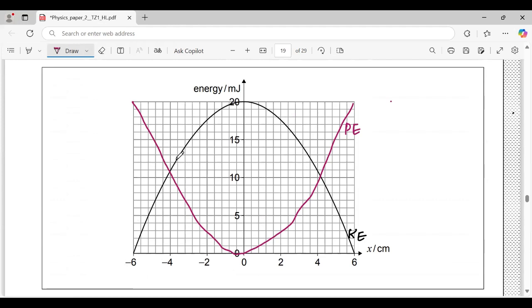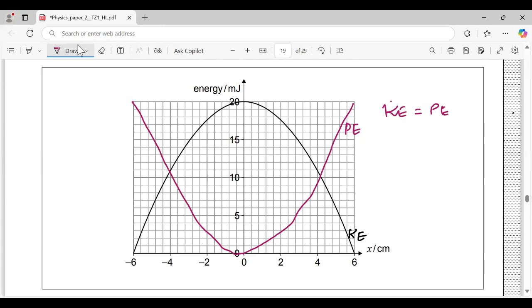One oscillation is at least one wave, so this is only half a wave. In half oscillation, actually, this is where kinetic energy equals potential energy.